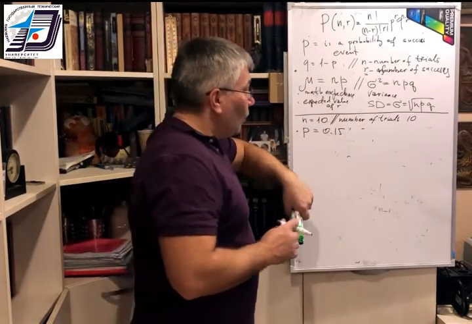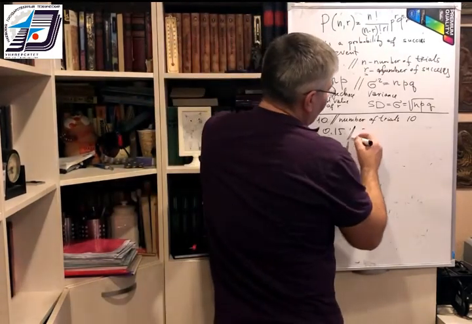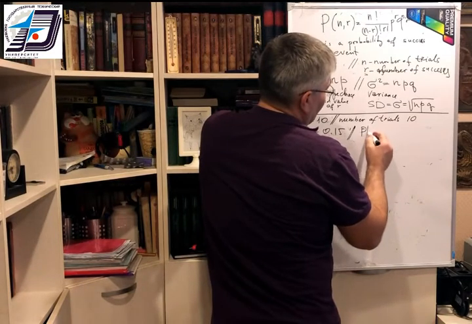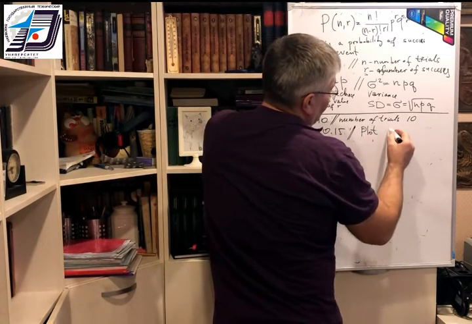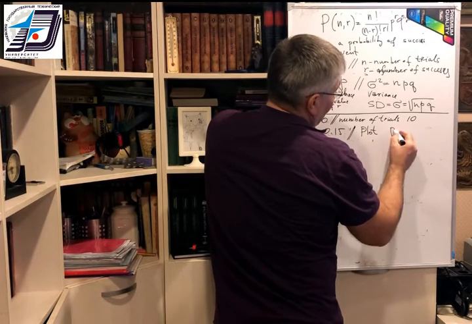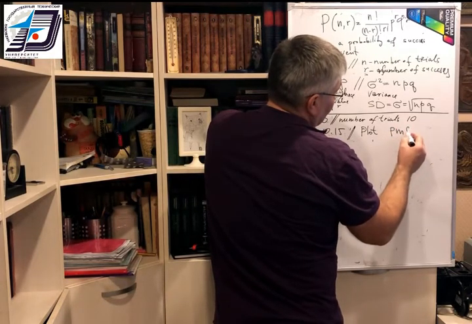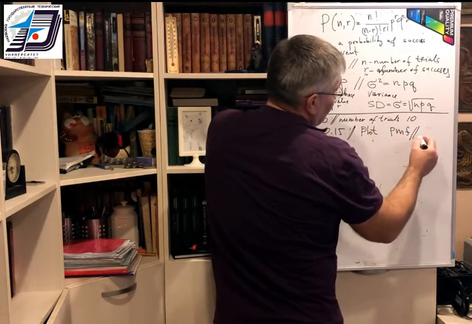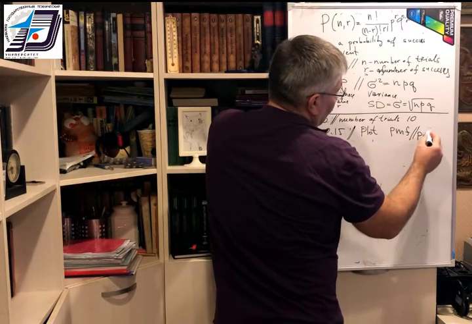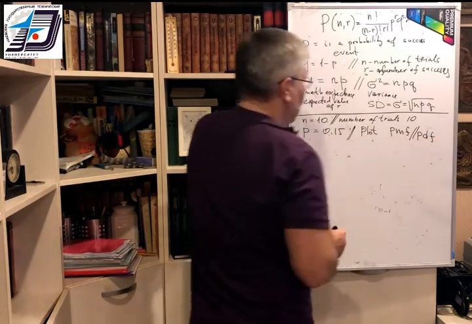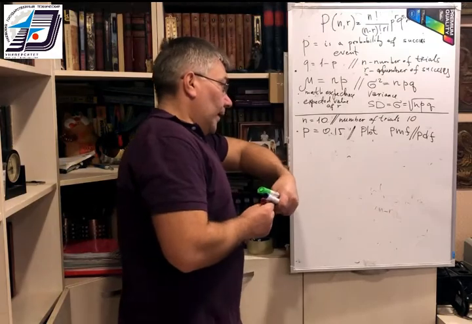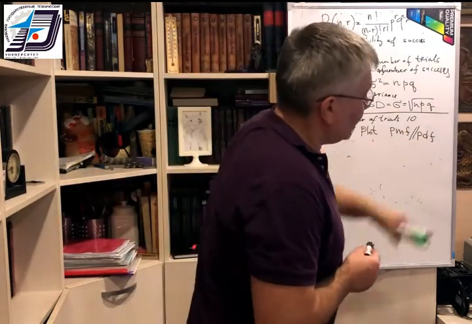So we want to define and plot the probability mass function and the probability distribution function. Two of them. Okay, let's start from the probability mass function.